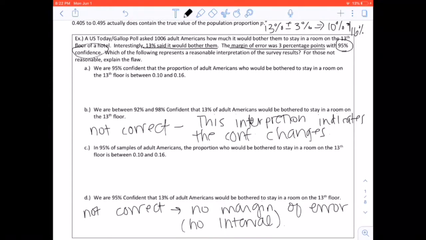Okay, so we have it narrowed down right now to A and C. Looking at the two of these, notice that 95% is our confidence level, and with C, it says 95% of our samples, and so this is not correct.